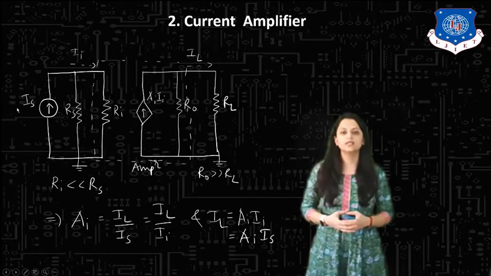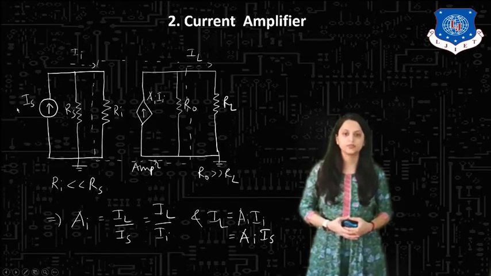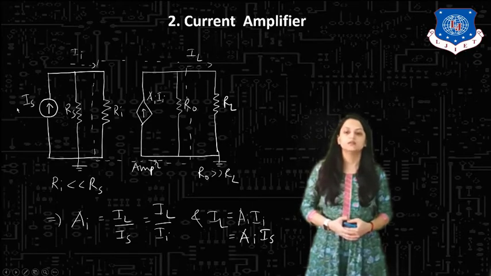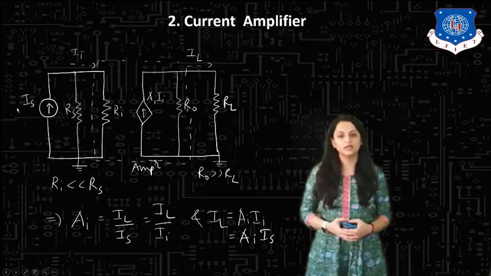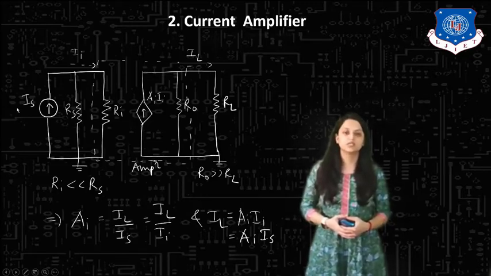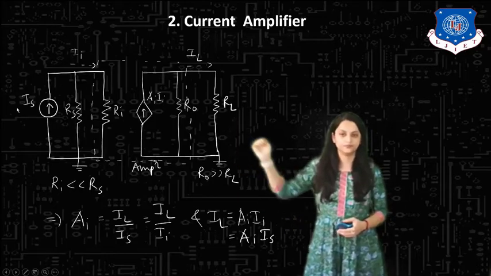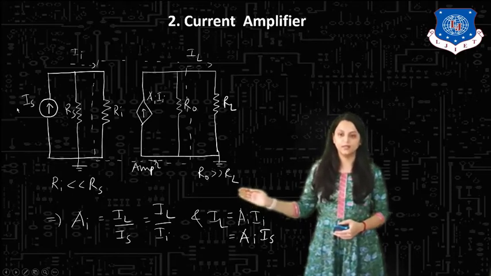So if you look at the circuit diagram, we have source current Is with the source resistance Rs and the input resistance Ri, and current dependent source having current gain Ai and the input current Ii, having the output resistance Ro and the load resistance RL. Here output resistance is very much greater than RL.